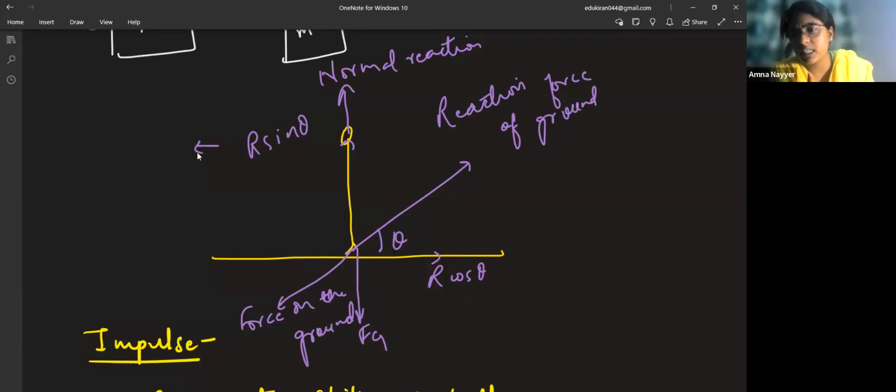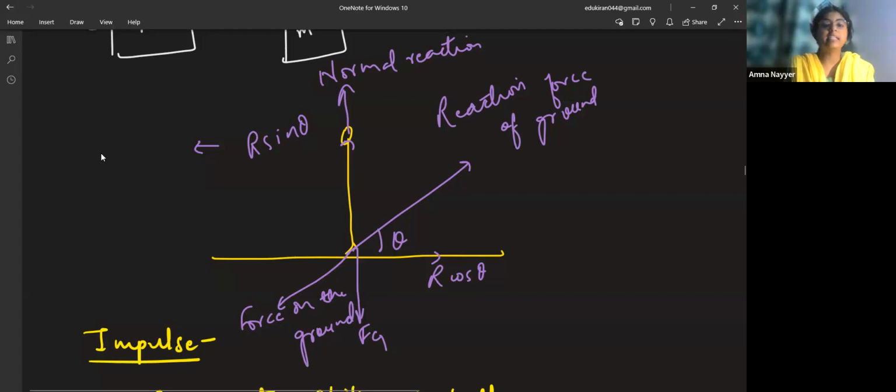There was one question, that's why I want to discuss this with you. This you have to explain in your own words, write it in your words also by explaining. When the reaction force on ground resolves into its two components, one will be R cos theta on the x-axis, other will be R sin theta on the other axis.